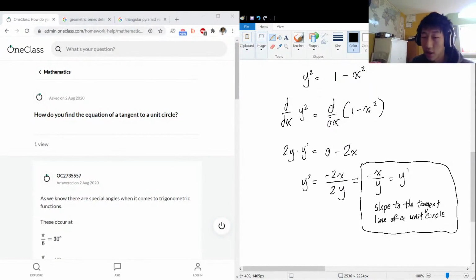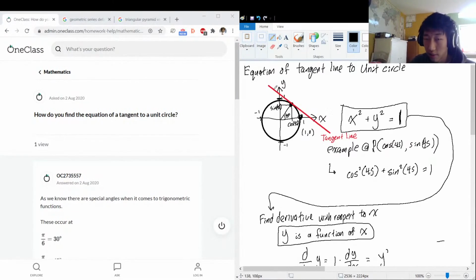Okay, and that's going to help us find the equation of the tangent. So if we're trying to find the tangent, we found the slope. We're going to need to sub in the point, negative x divided by y. That actually makes perfect sense.